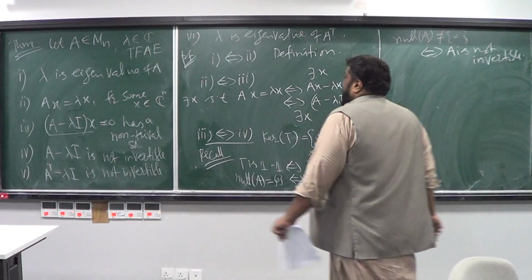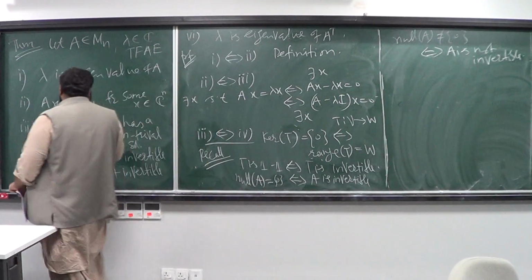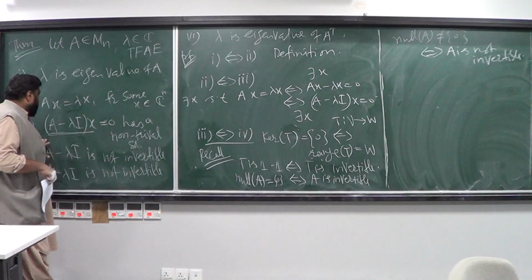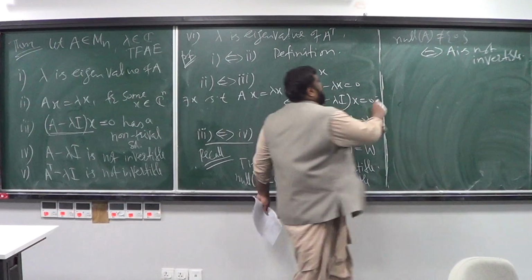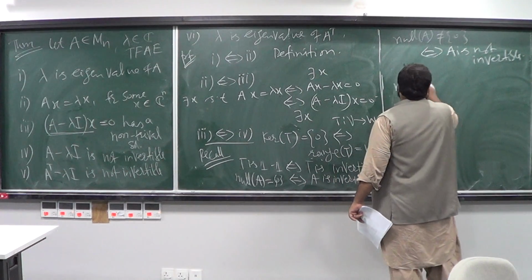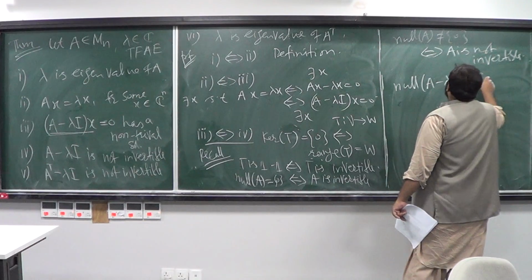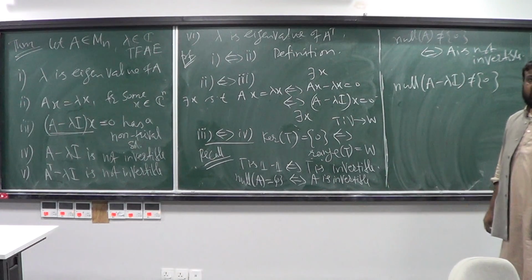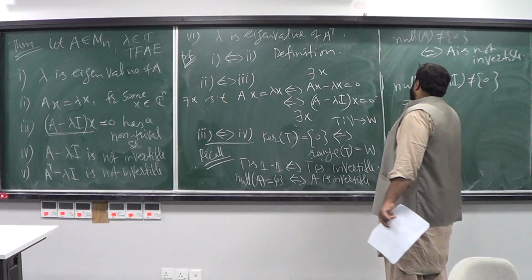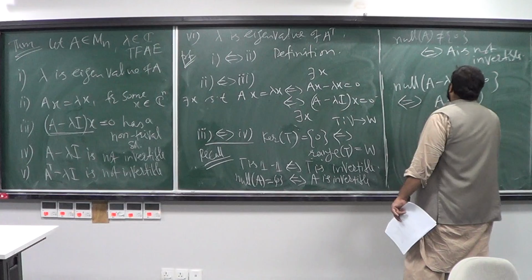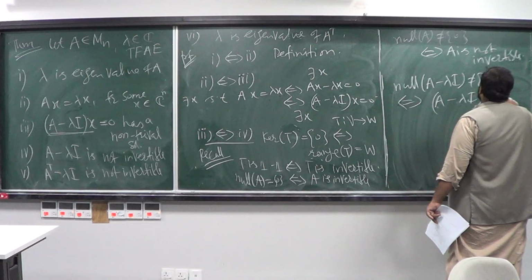Now think about what statement 3 is telling you. This is a general fact. 3 is telling you that the null space of A minus lambda I is not 0. If this is not 0, this will be true if and only if A minus lambda I is not invertible.